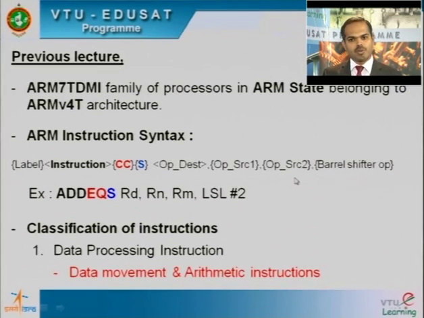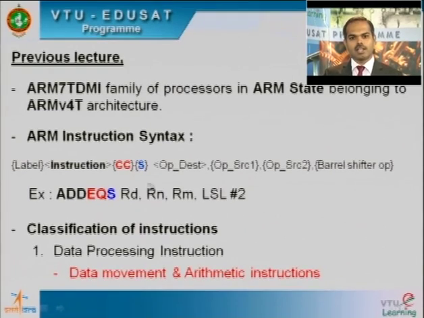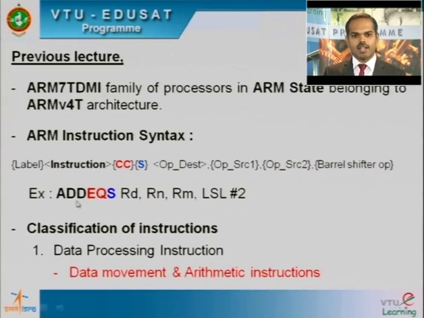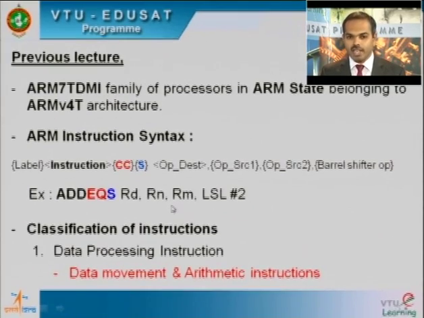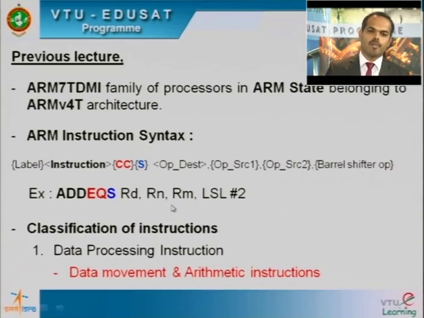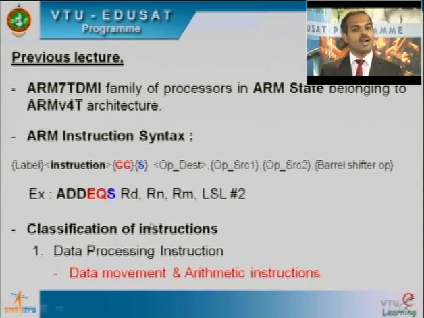Anything shown in the curly brackets is optional. One such example is ADD EQS Rd, Rn, Rm, LSL #2. Here Rd, Rn and Rm can be any general purpose registers from R0 to R14 or 15.